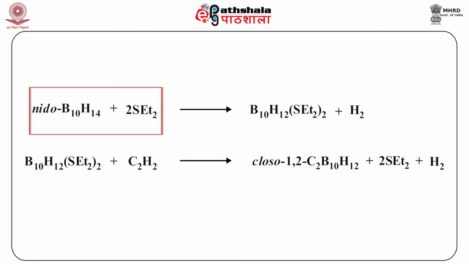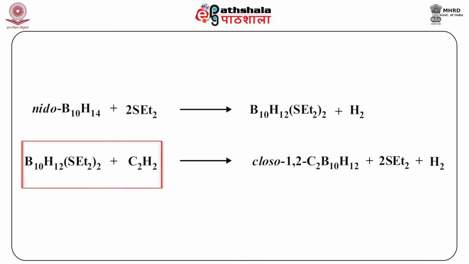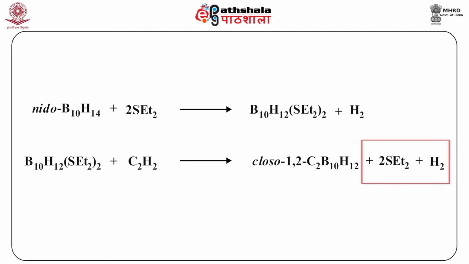That is, nido-B10H14 plus twice SEt2 gives B10H12(SEt2)2 plus hydrogen, and B10H12(SEt2)2 plus the acetylene molecule gives closo-1,2-C2B10H12 plus twice SEt2 plus hydrogen.